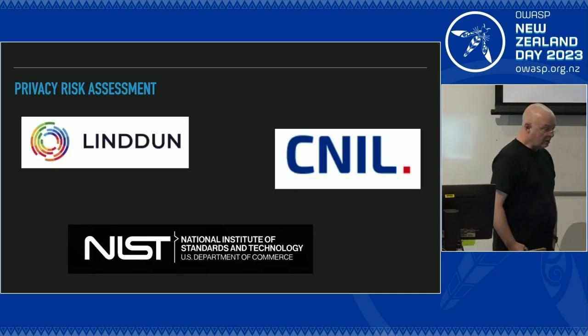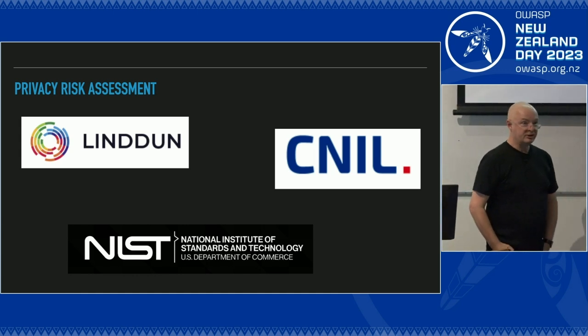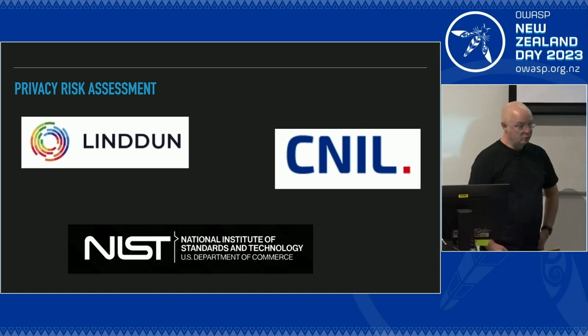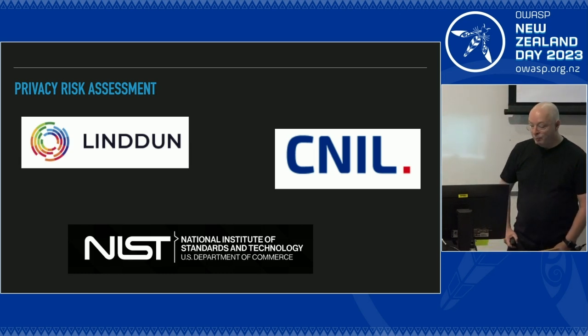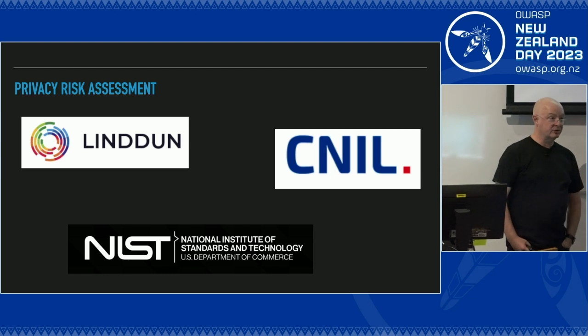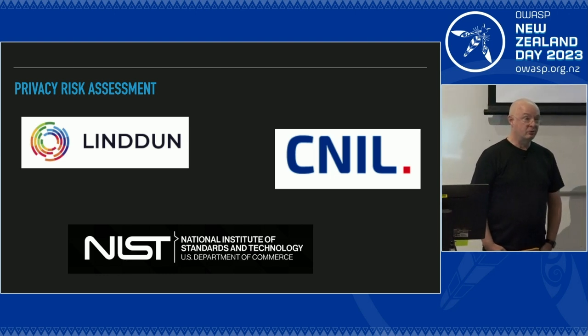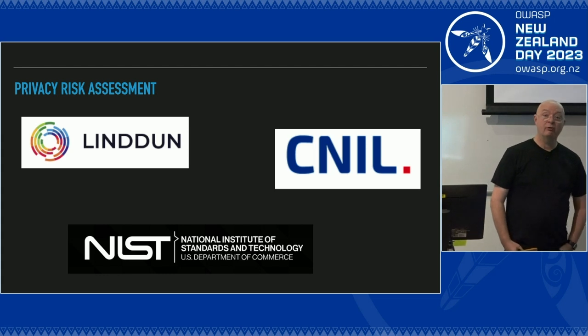So for the approach to actually assessing privacy risks, the standard calls out a few options. The NIST privacy risk assessment methodology, otherwise known as PRAM, I think is quite a good framework, which you could use as a starting point for managing the risk.